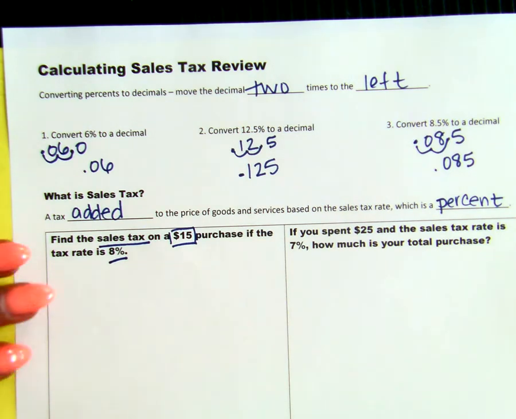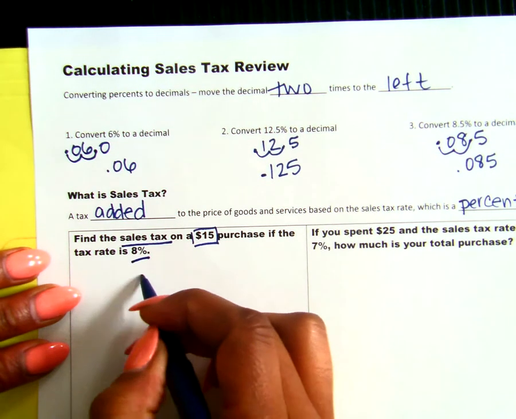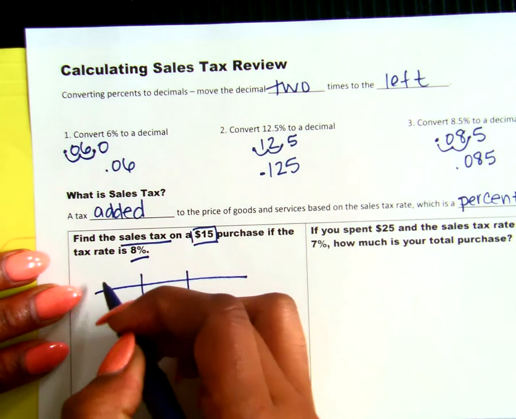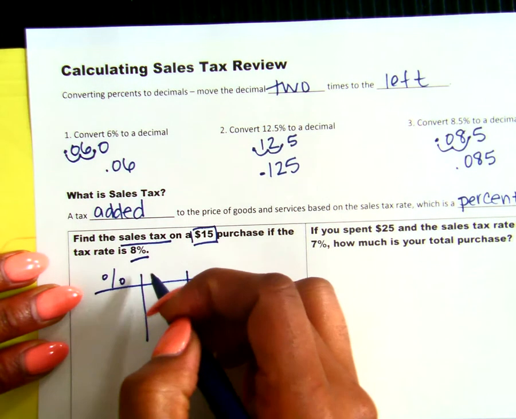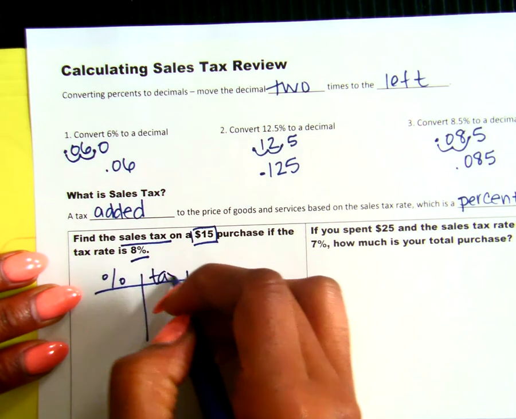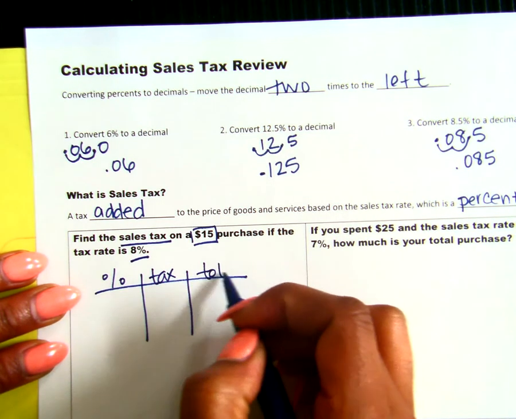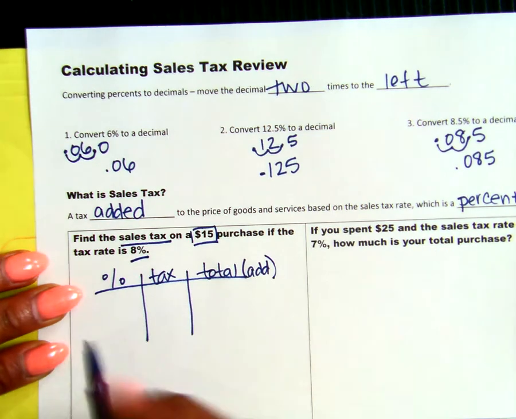The first thing I want you to do is go ahead and draw 3 columns. So here we're going to convert our percent, okay? Here we're going to figure out our tax, just our tax, and the last part is going to be our total. In order to figure out our total, we have to add, okay? So let's take a look.